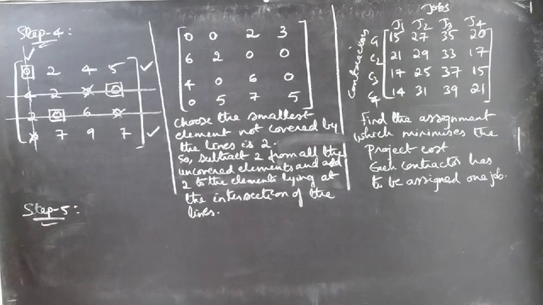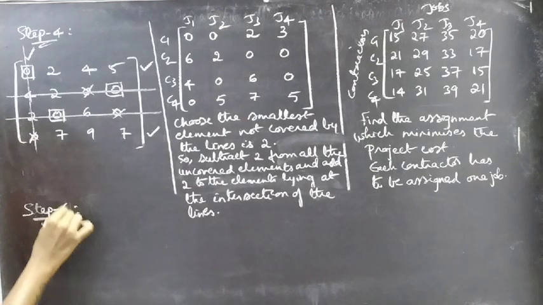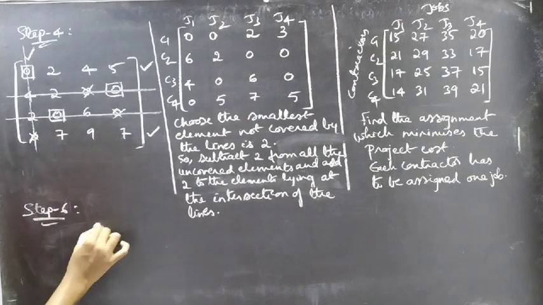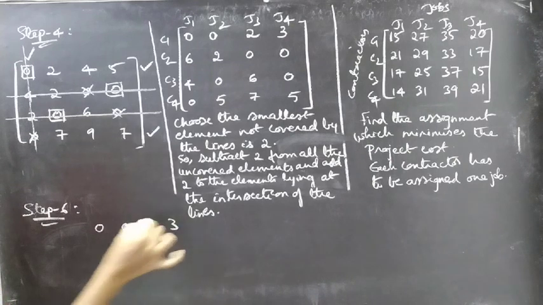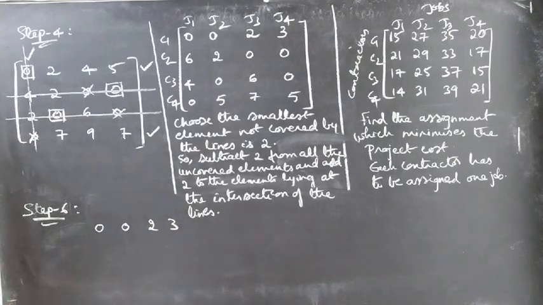Fine. Now let's try to make an assignment. Now coming to step 6, we'll try to make an assignment. Each row and each column should have 1 zero, or 1 assignment.